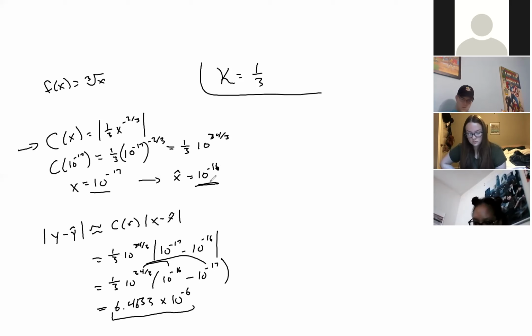Compared to that, this is a pretty big change, 10 to the negative 6th. So even though we had a really small change in our x values, our change in y values was much larger. We still think of 10 to the negative 6 as being a small number, but compared to how much your x values change, that's a pretty big difference. Does that make sense?